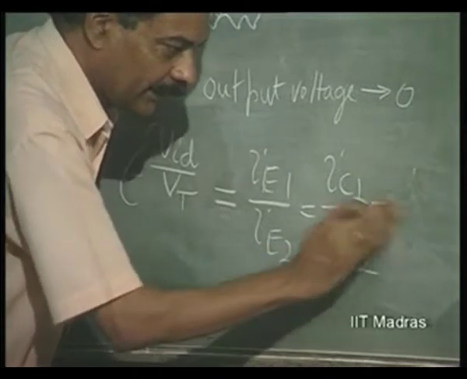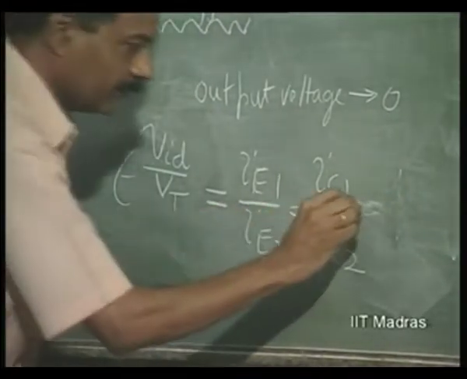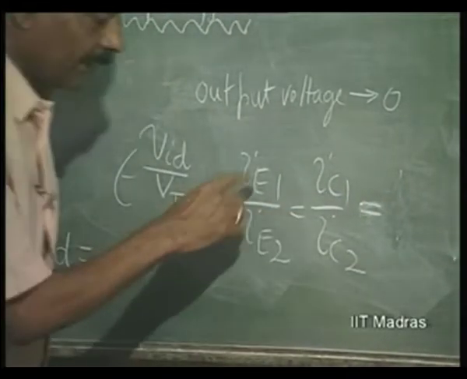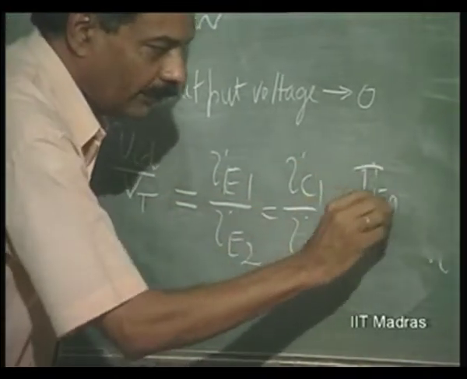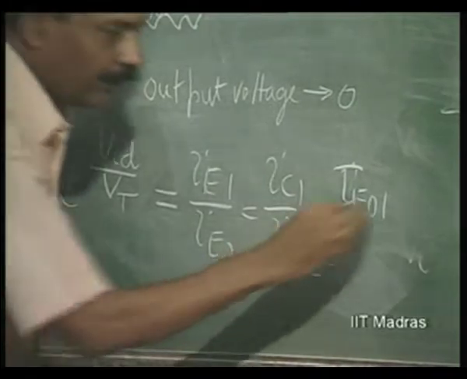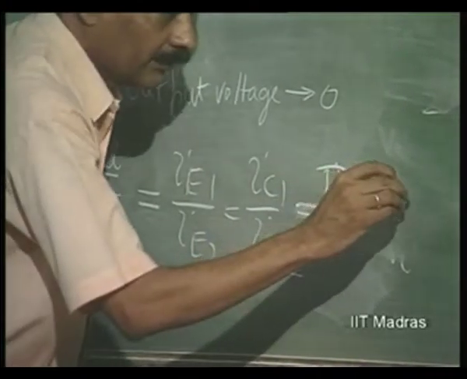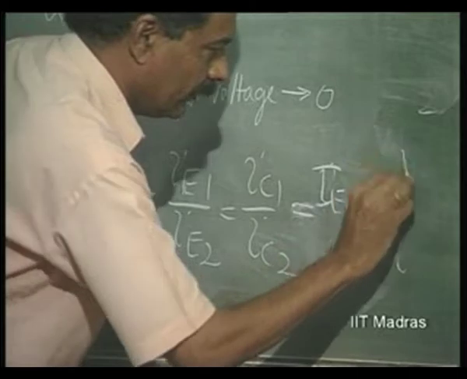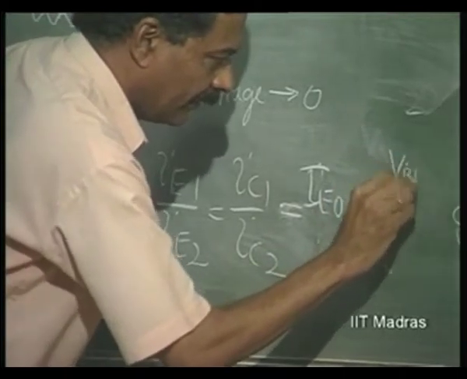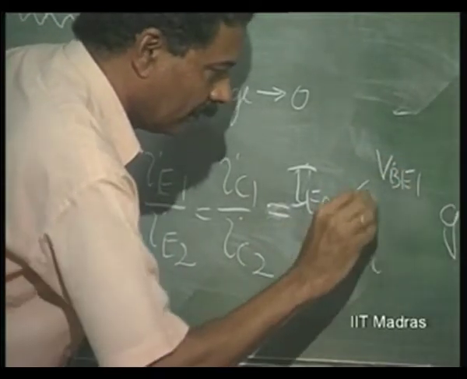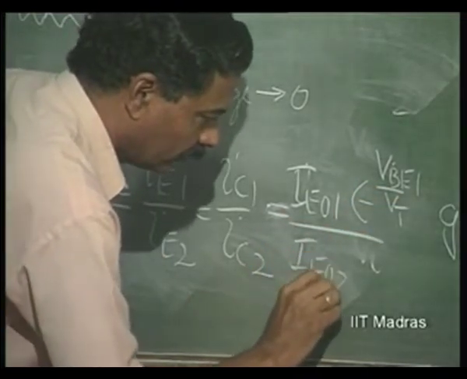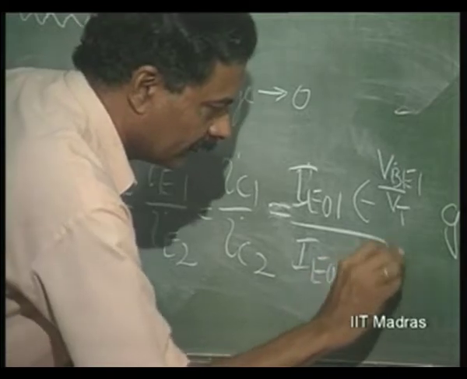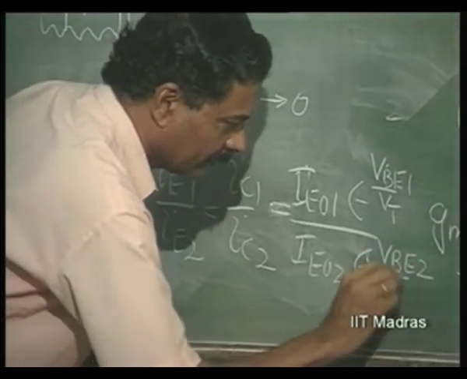So what is that? This is equal to IE01 into exponent VBE1 by VT, and this is IE02 exponent VBE2 by VT.